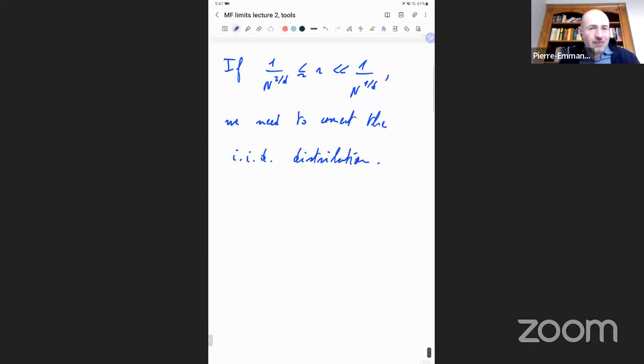But for most particles, it's still going to be close to being IID.